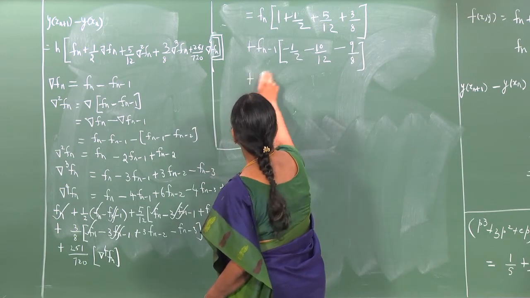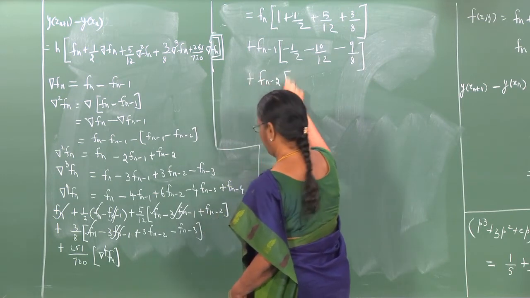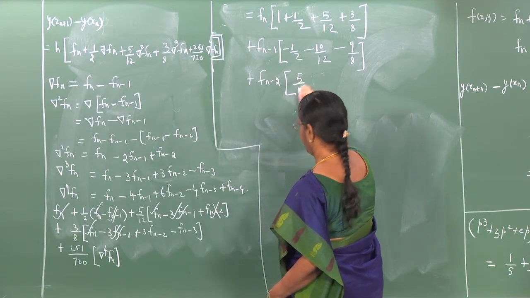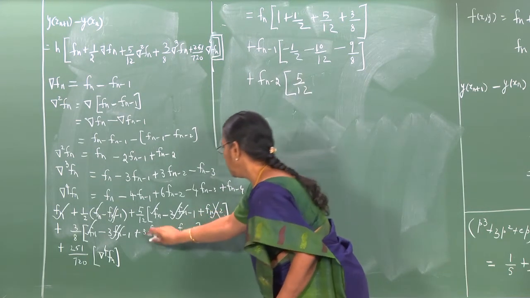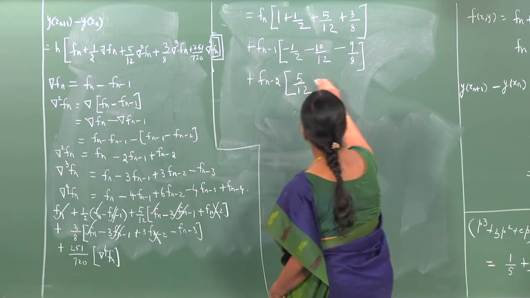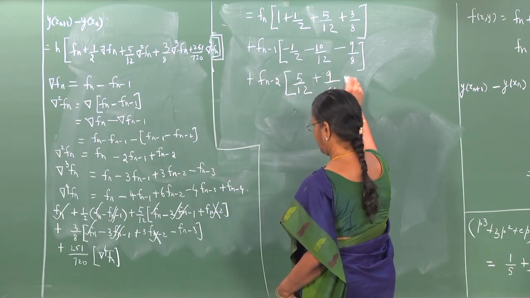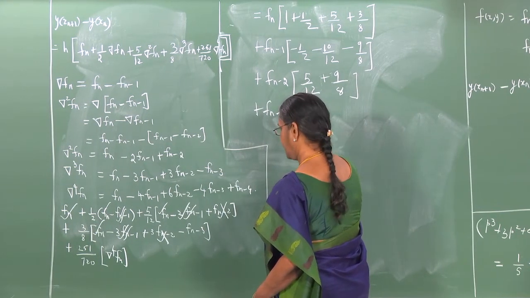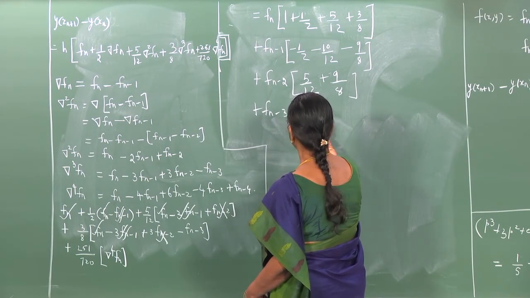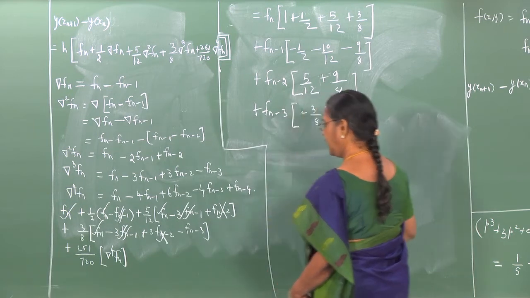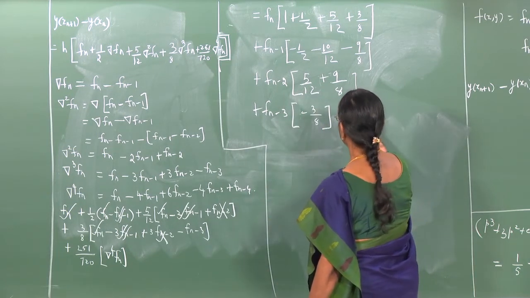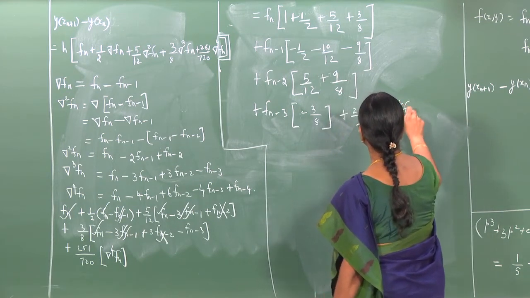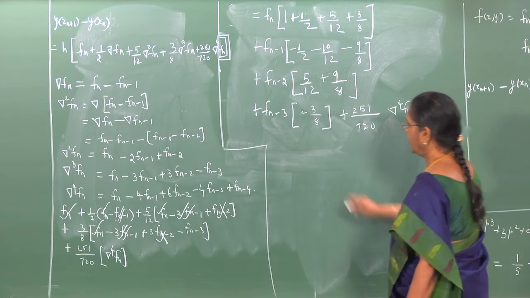Then I collect the terms involving Fn minus 2, that is 5 by 12 from there, and then 9 by 8 from the next term, and we have Fn minus 3, whose coefficient is minus 3 by 8. And I have the next term, which is 251 by 720 into del power 4 Fn.